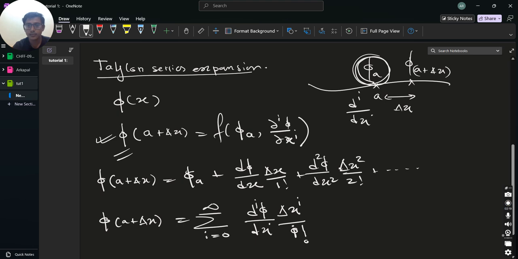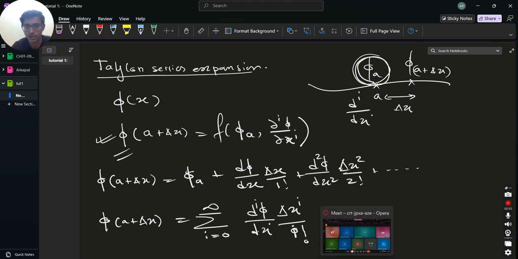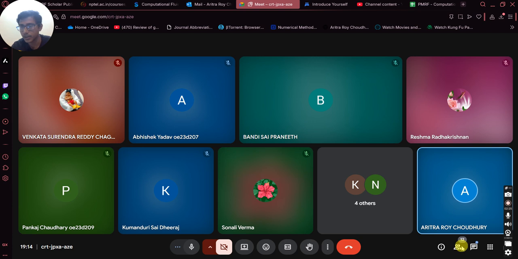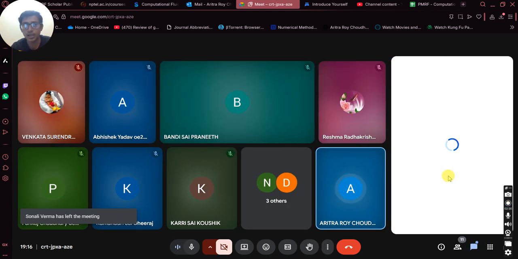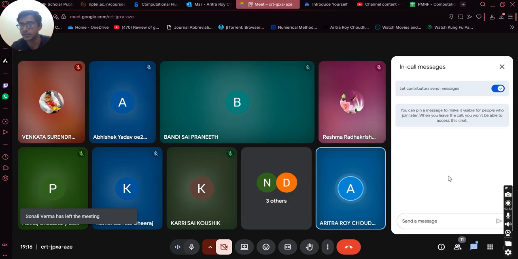Okay, so this is how the Taylor expansion looks like when you have a single variable, when the function is varying with a single variable, here for example x.